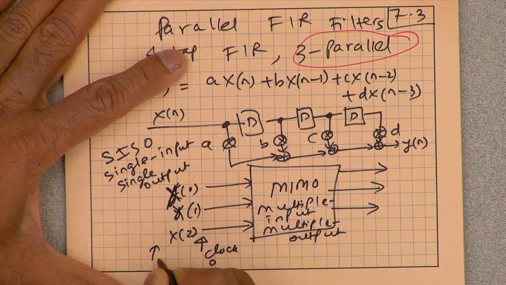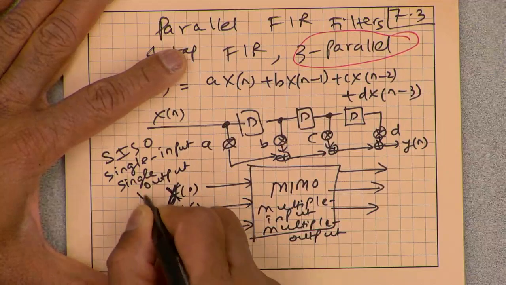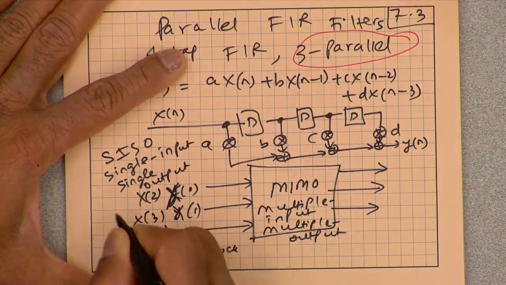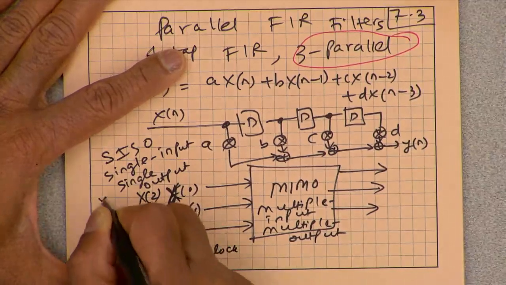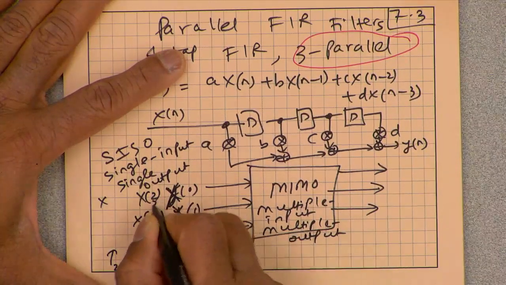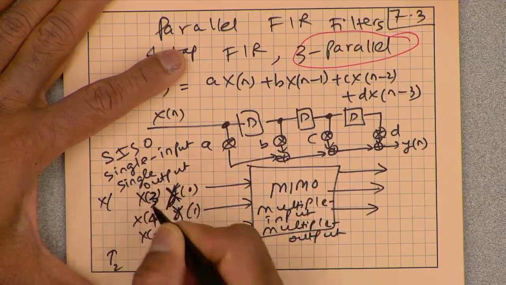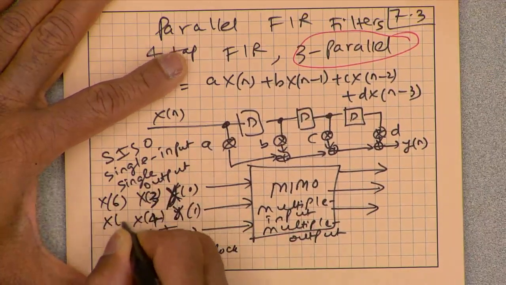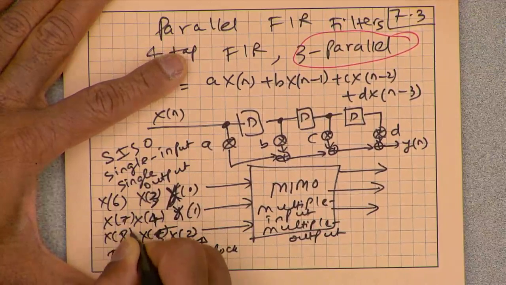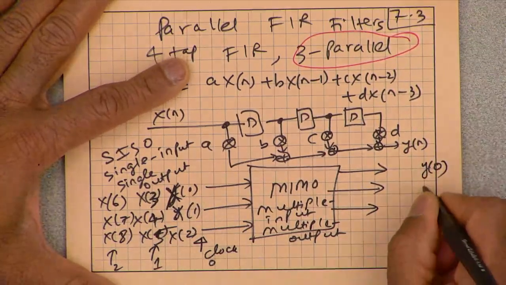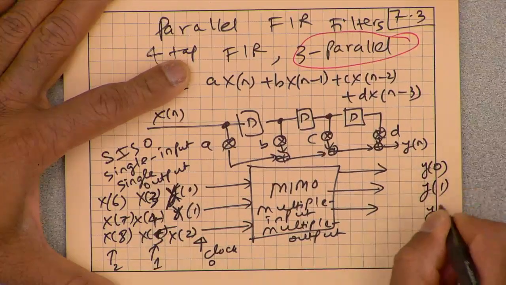In clock cycle 1, I can feed x3, x4, x5. In clock cycle 2, we can input x6, x7, x8, and so on. Similarly, in one clock cycle, I can compute 3 outputs, y0, y1, y2.